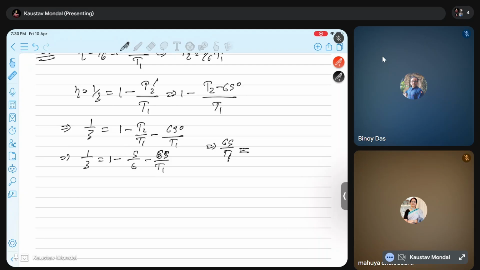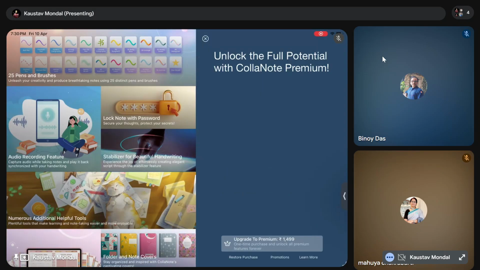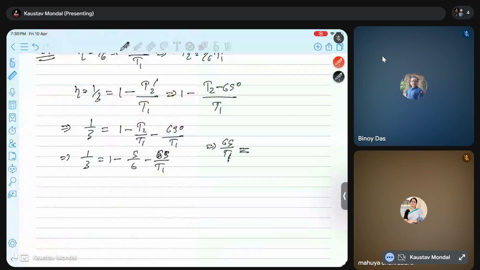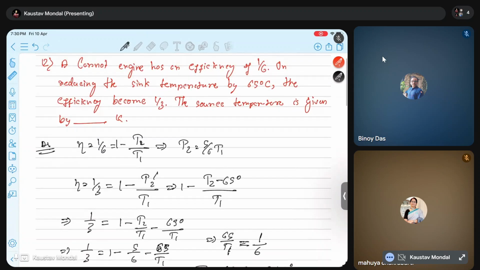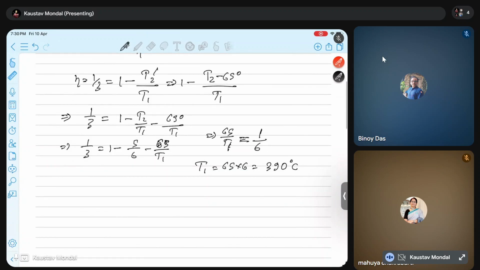So it will become 1 into 3 by 6, so it will become 1 by 6 here. So T1 will become 65 into 6, that is 390 degrees centigrade. Can you calculate and also tell me? T1 will be 390 plus 273 Kelvin.